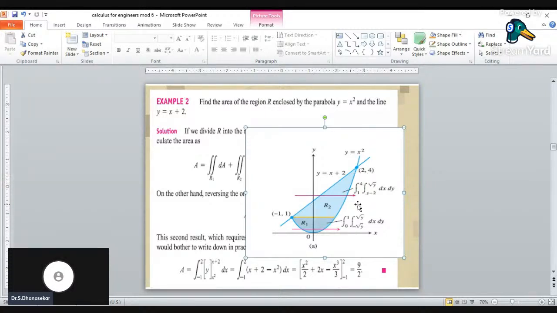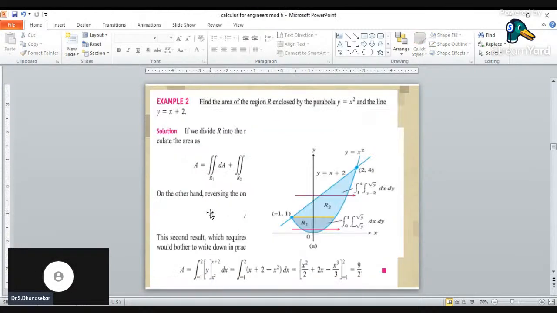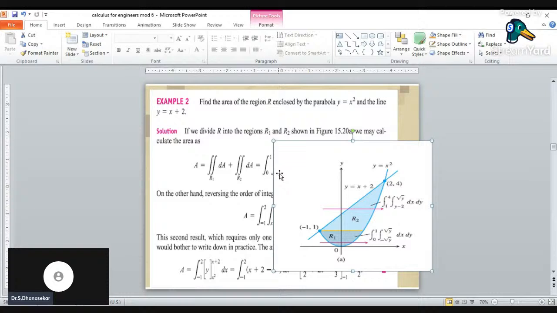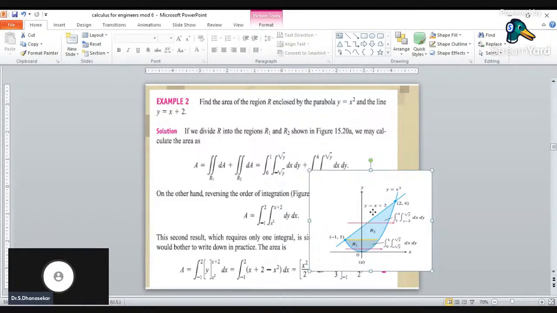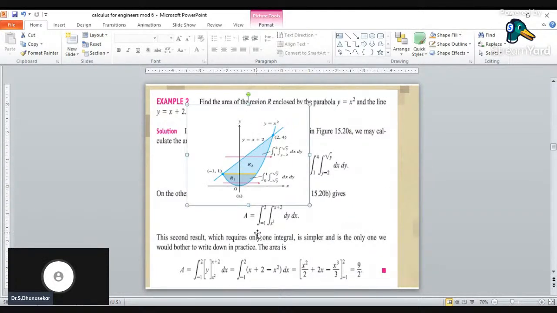So 1 to 4. You have an addition of these two things. That's why, for this problem, if I go for dy dx, I will have only one integral. If I go for dx dy, I will have to evaluate two integrals.